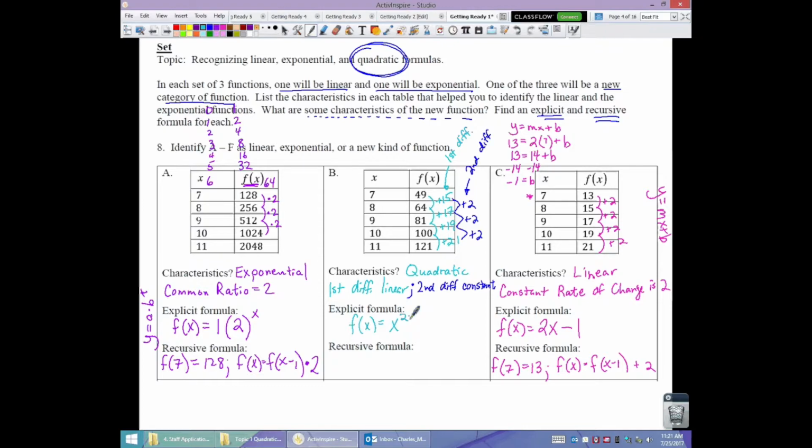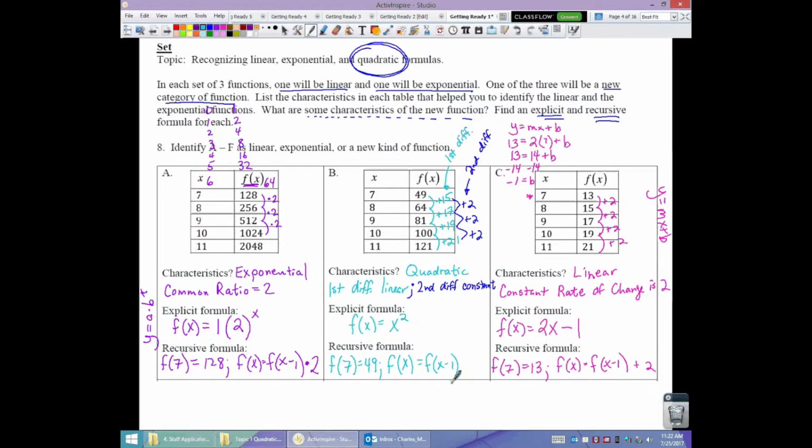Now the recursive formula will never be something you enjoy doing here for a quadratic function. So we have to start, just like we always do, with a beginning, like f of 7 equals 49. We still start the formula part by saying f of x equals f of x minus 1. But here's where it gets a little tricky.